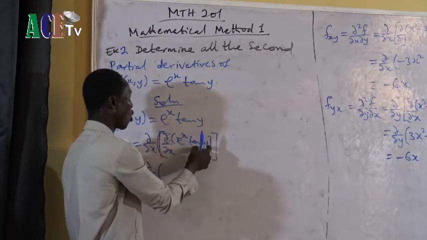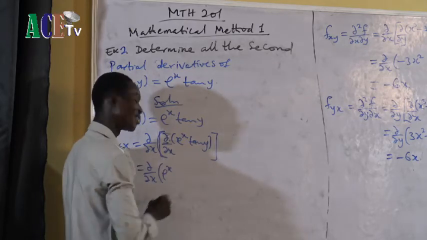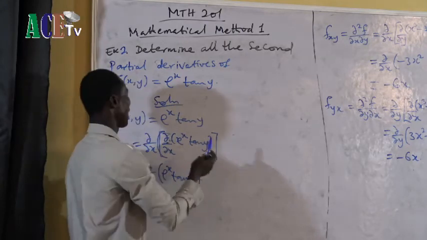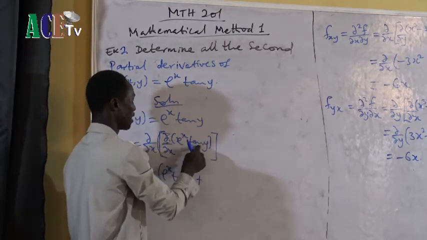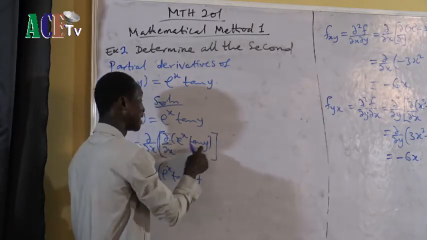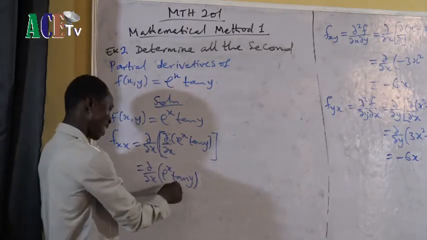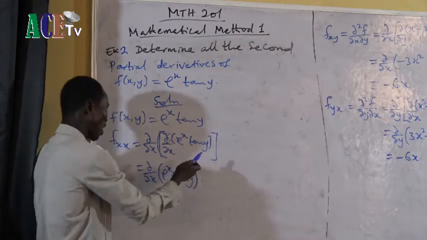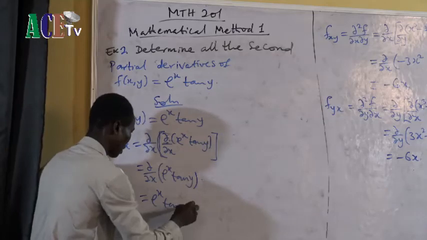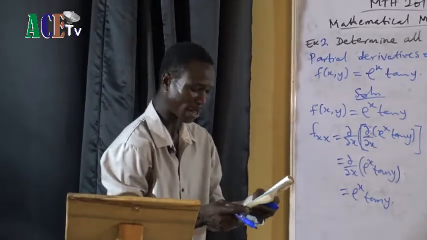If I differentiate this one and hold this one constant, the derivative will give me exponential x and the constant of it plus, I will not differentiate this one, I will hold this one constant. But don't forget, the derivative of this one with respect to x will be 0. Then I don't need that time. I will leave it. If I differentiate this one with respect to x again, with the same method here, I will get exponential x times y, which is the same thing.